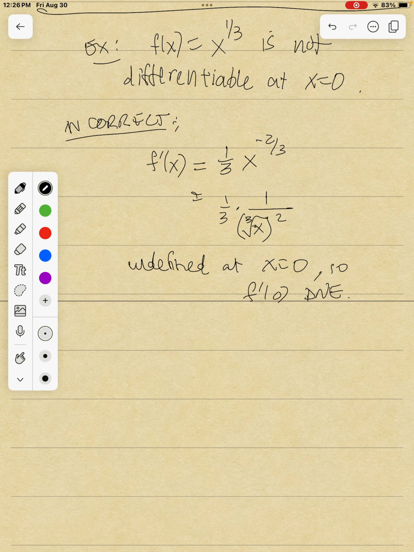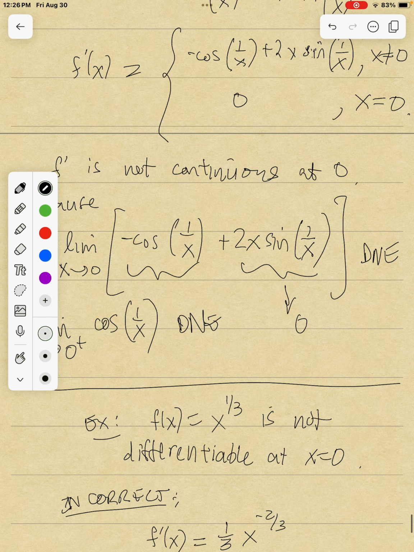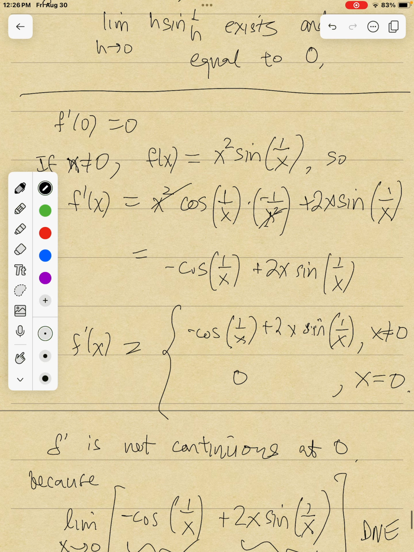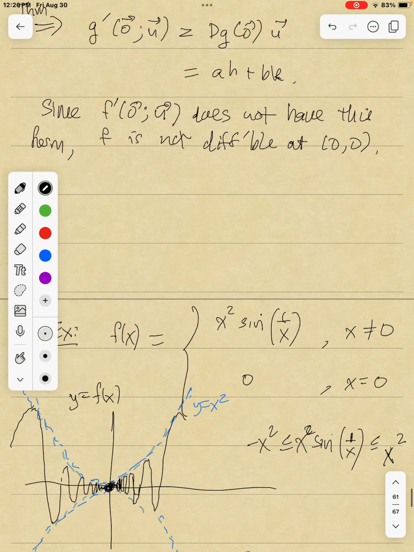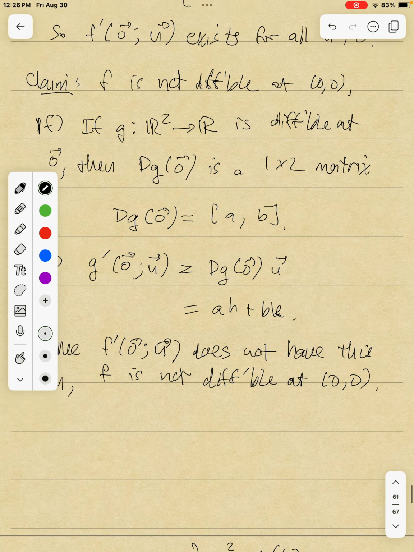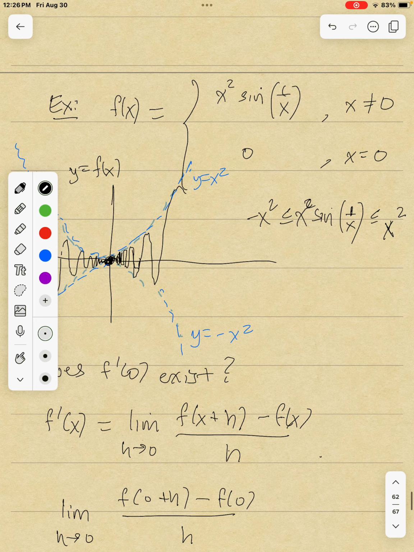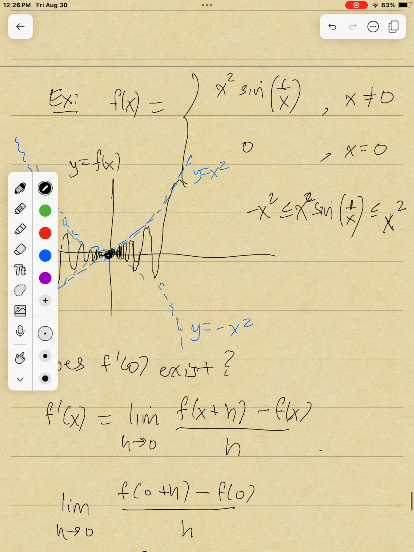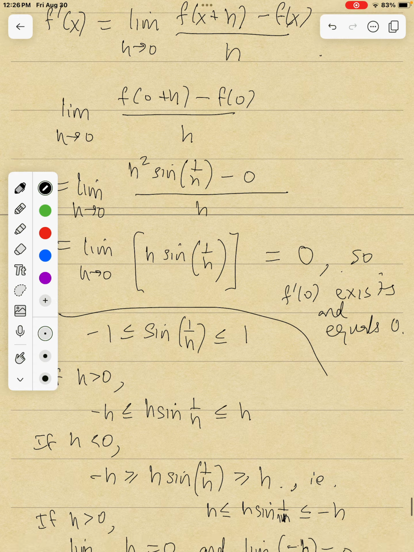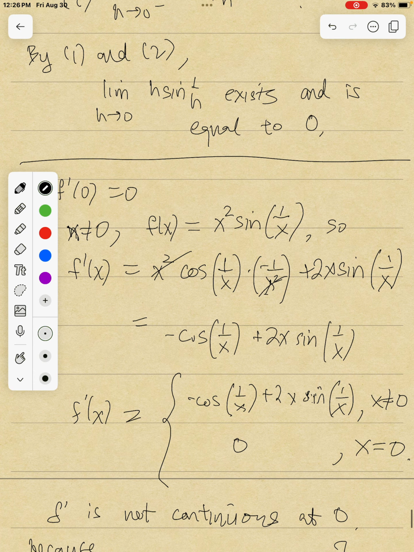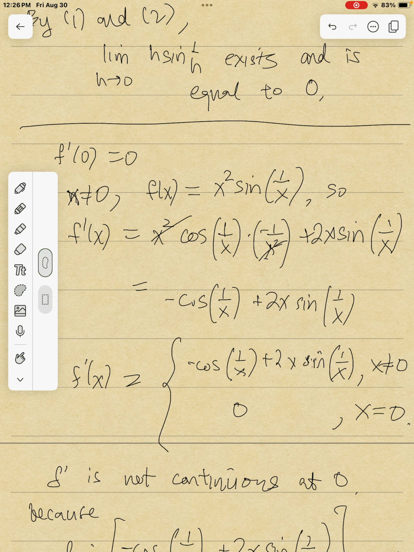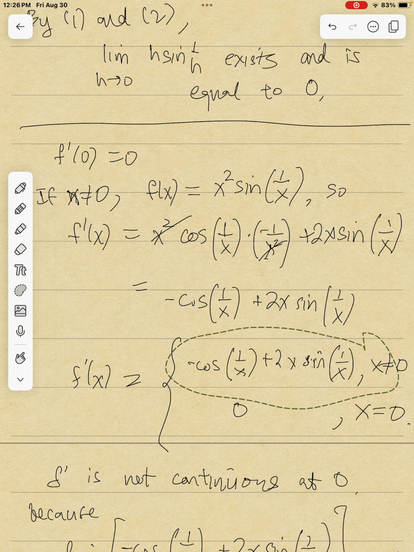Right? Now we can see that this logic is not correct because we showed above in this example that if you did f prime of x when x is not 0, you're going to get this.